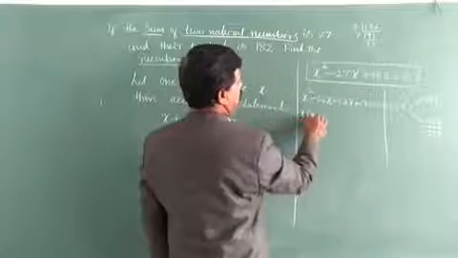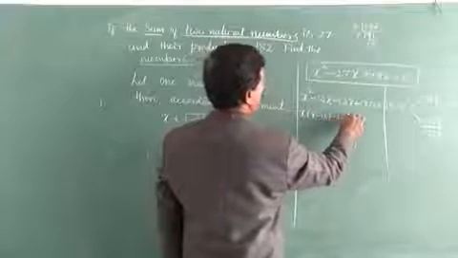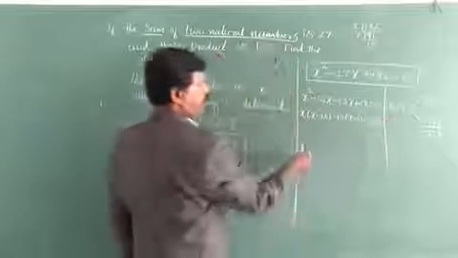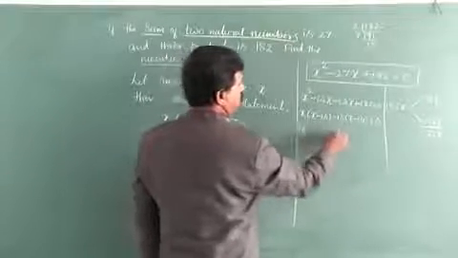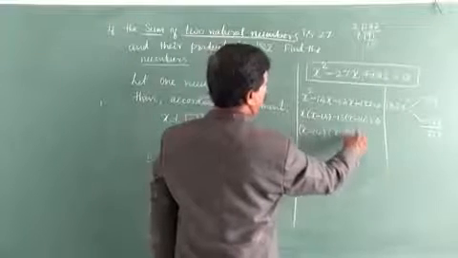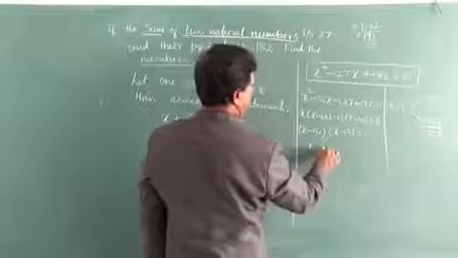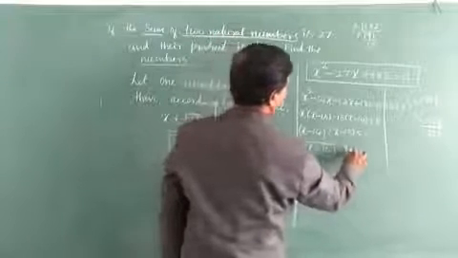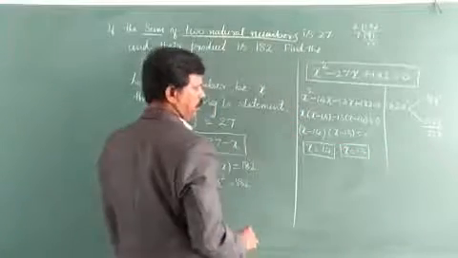Now take x common: x into x minus 14, minus 13 common, x minus 14 equals 0. Now x minus 14 is common, and what is left is x minus 13 equals 0. Therefore x is equal to 14, which is one natural number, and x is equal to 13, which is another natural number.